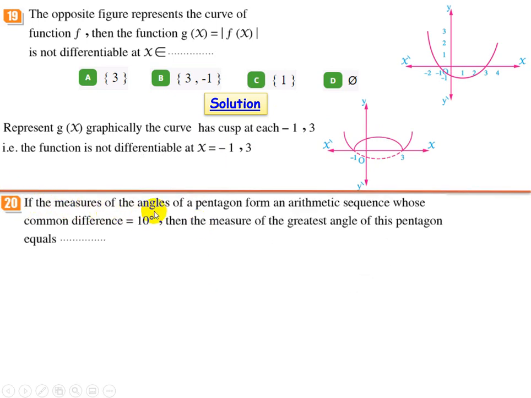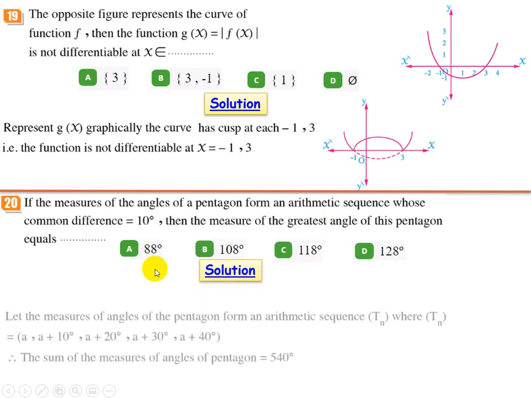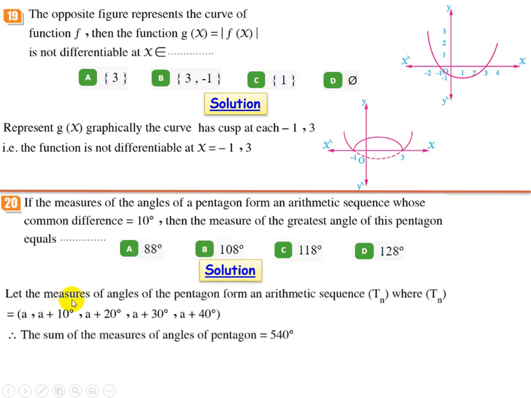Number 20. If the measures of the angles of a pentagon form an arithmetic sequence with common difference 10, then the measure of the greatest angle of this pentagon equals what? If we suppose that the measures of the angles form an arithmetic sequence: a, a plus 10, a plus 20, a plus 30, a plus 40.